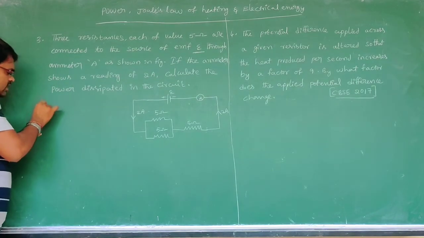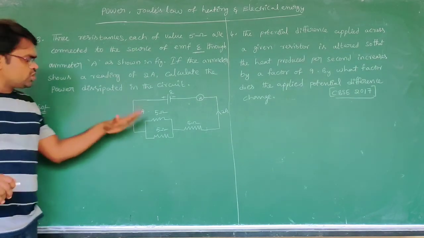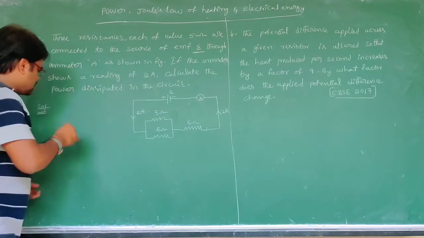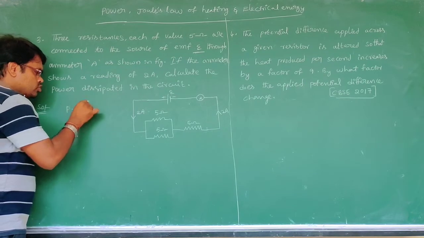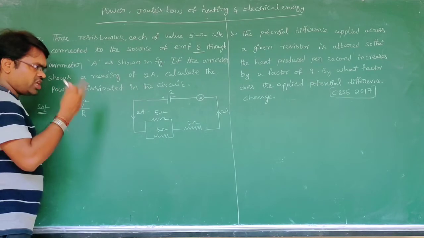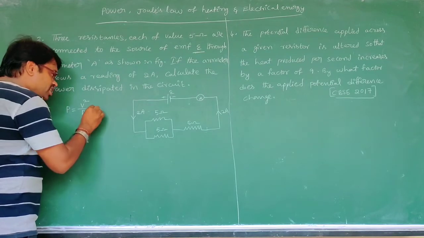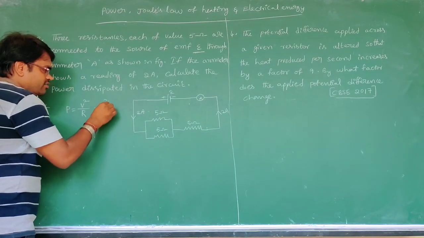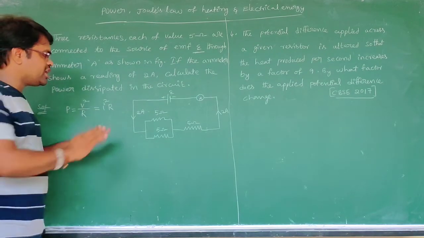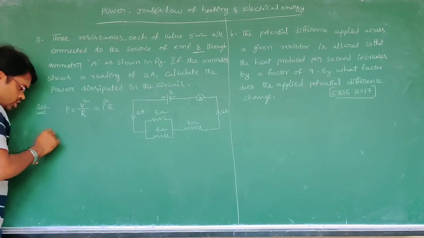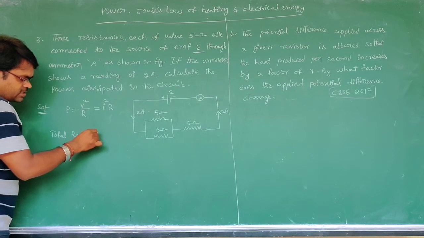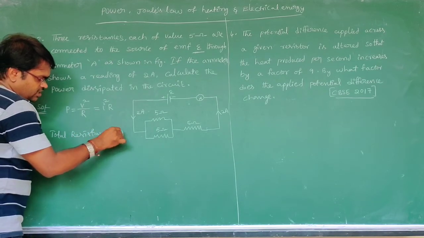Here, for power dissipation the formula is P is equal to V square by R, but the applied potential is not a given value. What is given is I, so we use another formula, I square R. Now write the total resistance in the circuit.